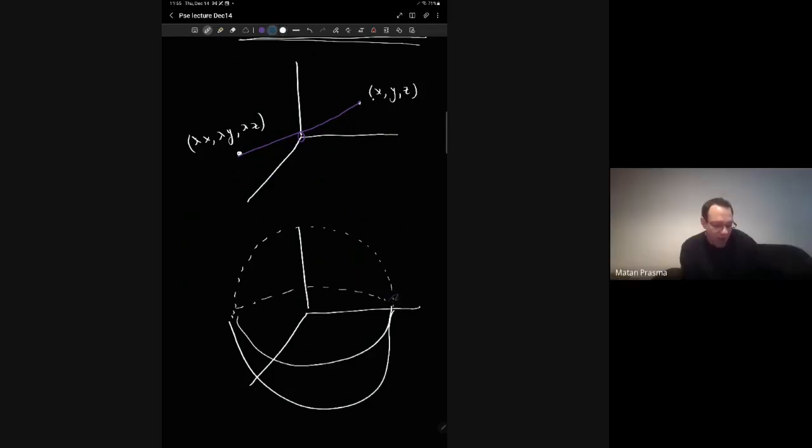Yeah, but okay, so now I will take the upper half of the sphere, let's say this upper blue half of the sphere, and I would need to identify the antipodal points on the base of the sphere.